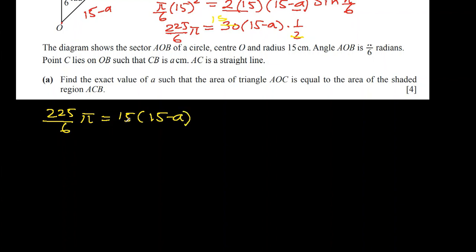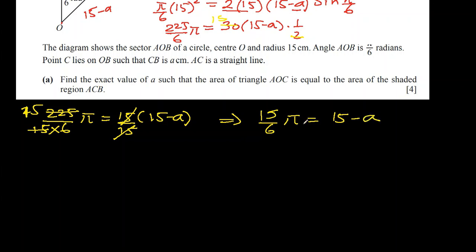Alright, so let's divide both sides by 15 so that we get rid of this one. So this 15 cancels with 225, which is again 15. This 15 and 15 cancel out. So what does this give us? 15 over 6 pi equal to 15 minus A. We want the value of A. Let's shift this A to the left side and this 15 over 6 pi to the right side.